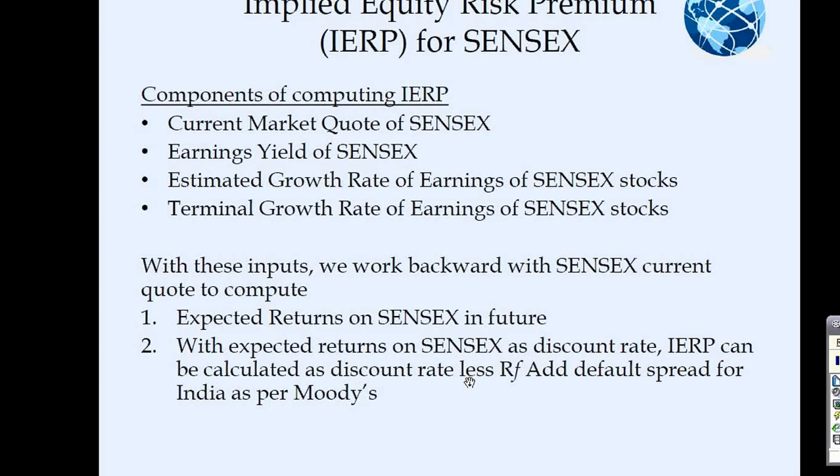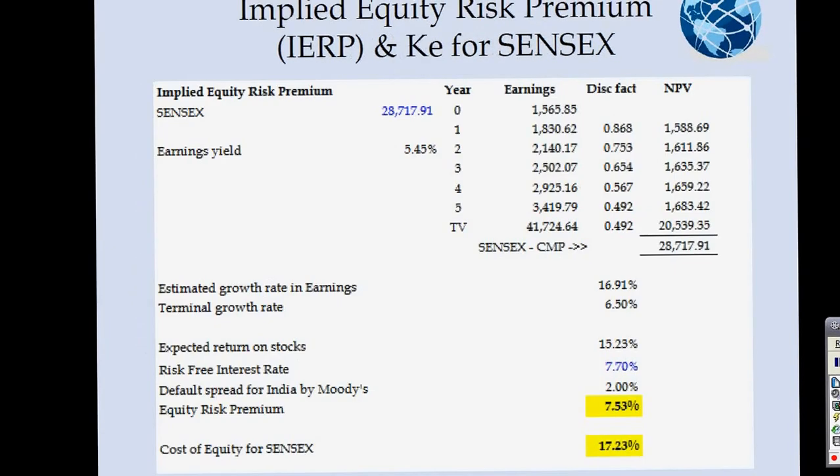With this expected return as the discount rate for discounting the cash inflows of SENSEX businesses, we will get the equity risk premium, which is the discount rate minus the risk-free rate plus the default spread for India, given by Moody's. At the current stage it will be a bit confusing, but when you see the next slide, you will understand. The next slide. Here we go.